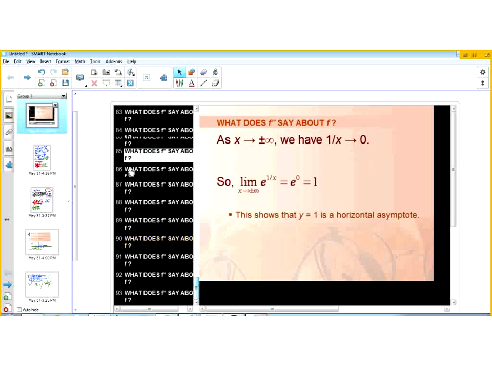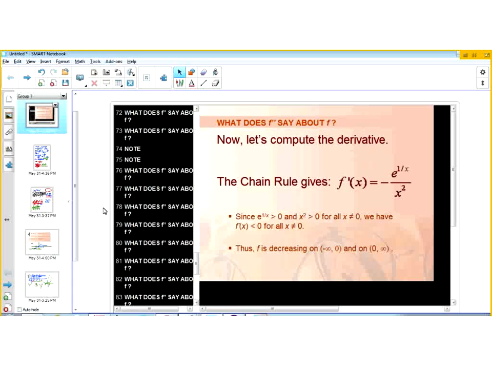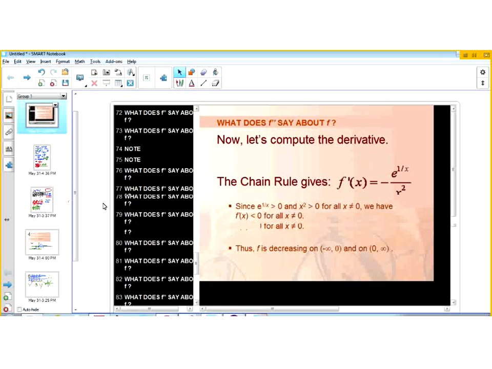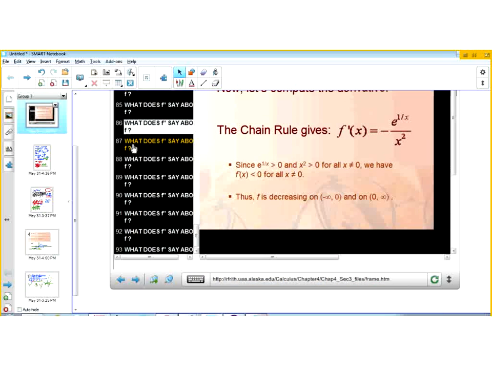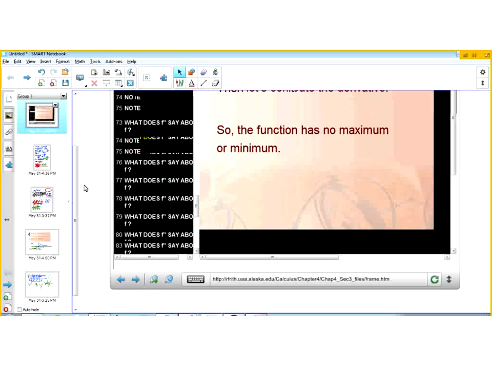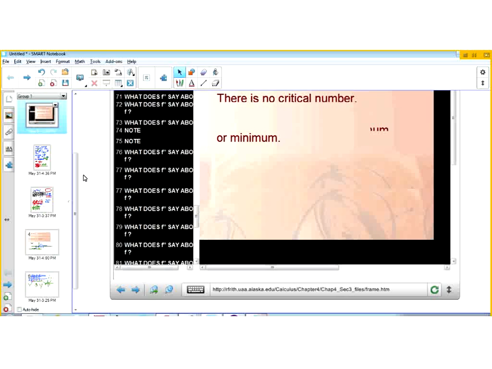Slide 85. Okay, slide 86. So they use the chain rule to calculate the first derivative, which I pointed out. Slide 87, what's going on here?